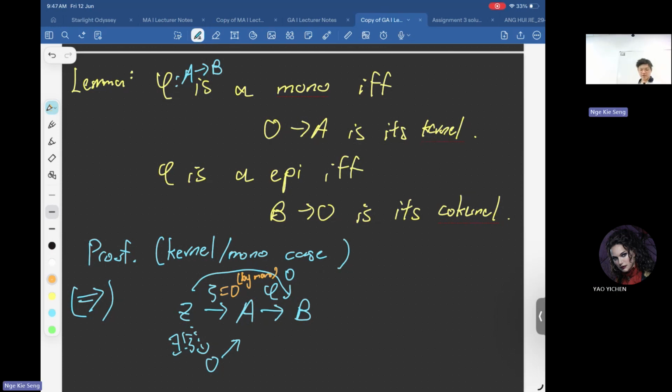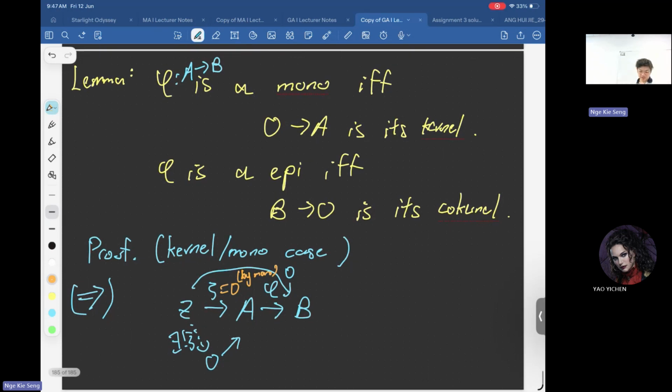But if this is 0, what does this mean? By my previous lemma, if this is 0, then we claim that this map factorizes uniquely through this 0, because the map is already 0.